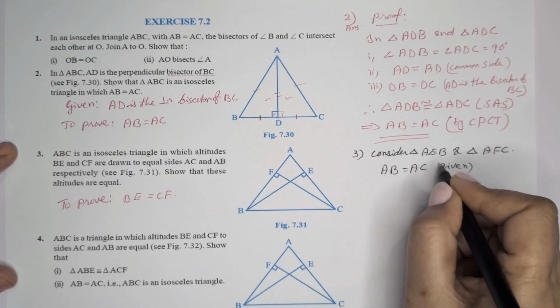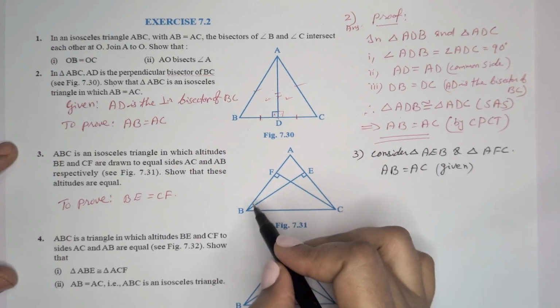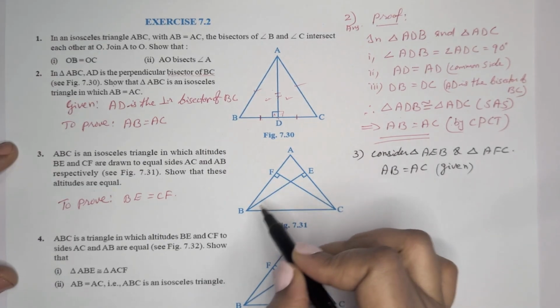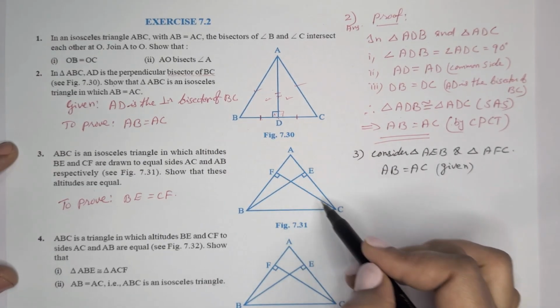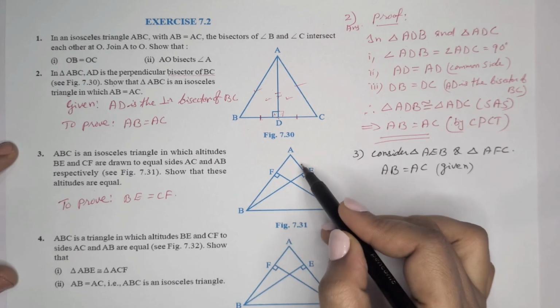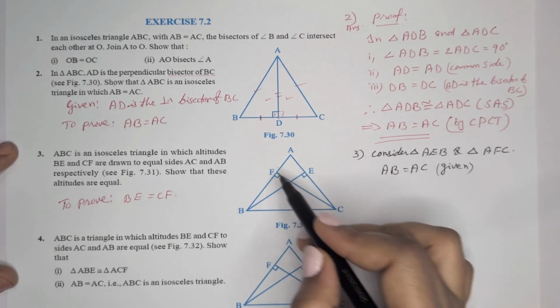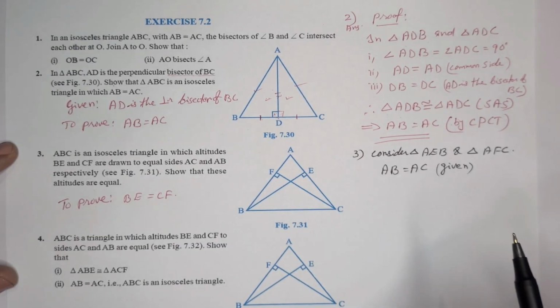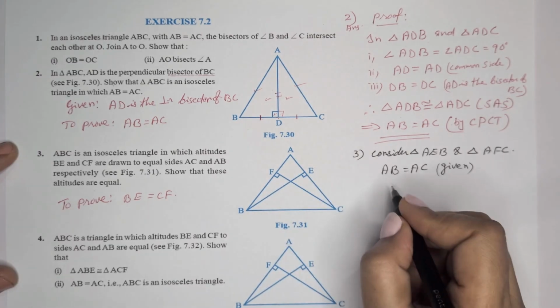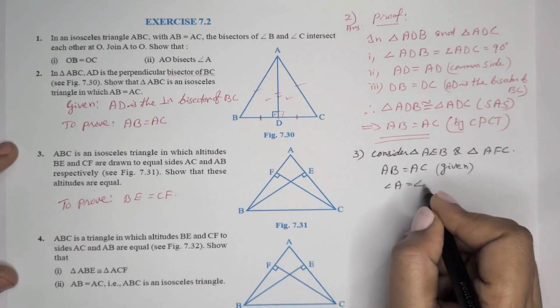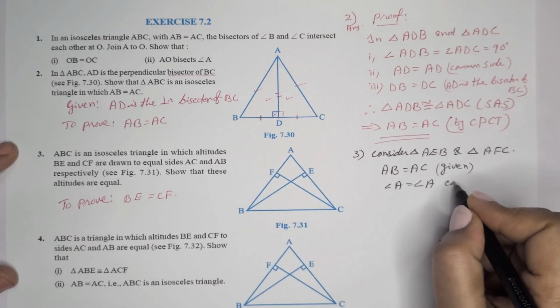Now we are considering these two triangles, triangle AEB and AFC. In these two triangles, AB is equal to AC, that is given. Then we can write angle A is equal to angle A, common angle for both the triangles.